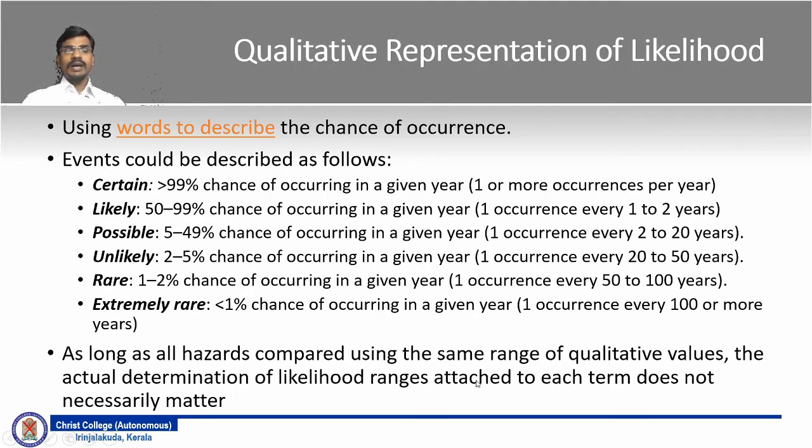As long as all hazards are compared using the same range of qualitative values, the actual determination of likelihood ranges attached to each term does not necessarily matter, because all the events are compared within the same scale, which helps us to express the event in a meaningful way.